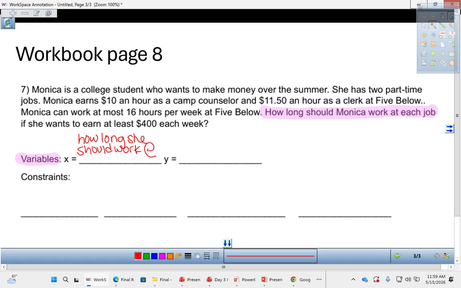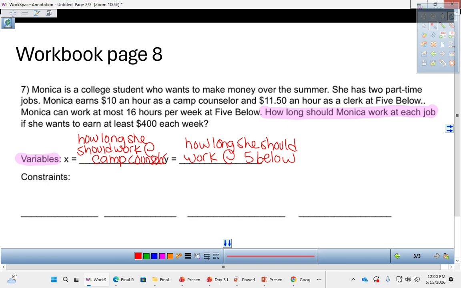So let's see, she's got camp counselor, and then how long her second job is Five Below. So that takes care of the variables.